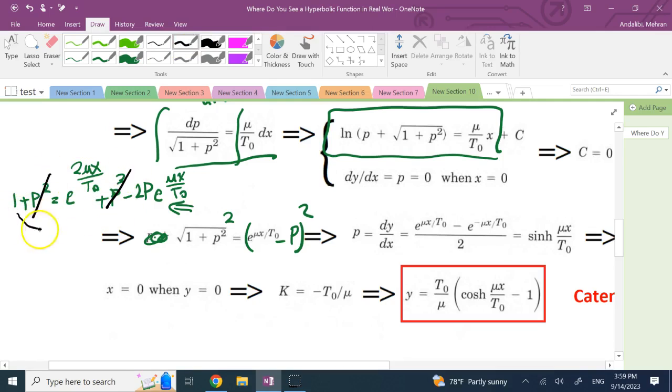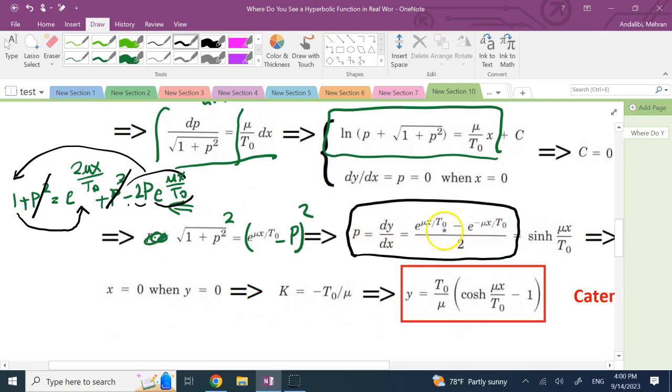Then this 1, you can bring to this side, and that negative 2p, you take to the other side. And then divide both sides by what? Divide both sides by 2 times this exponential. So it's going to be this exponential squared minus 1, divided by the exponential to the power 1. So you get the exponential, and 1 divided by that is going to be a negative exponential, and both divided by 2. So you get this guy.